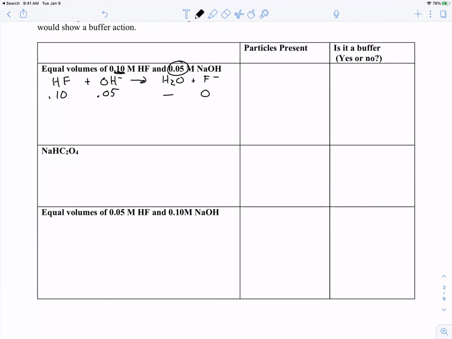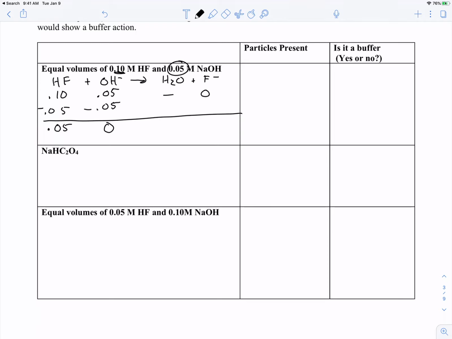So what is going to happen? Well, the hydroxide ions are going to completely react with the hydrofluoric acid, but you can see I only have half as much of my strong base. So the hydroxide is going to get completely used up.